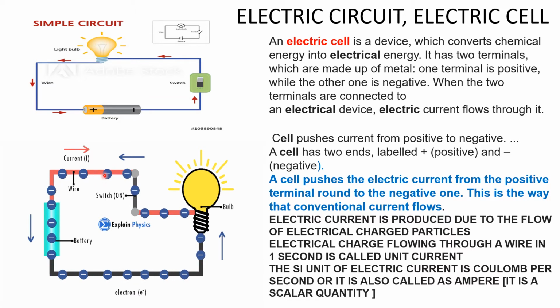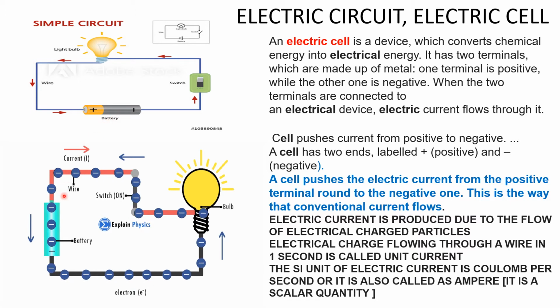Such a device is called an electrical cell. Various types of electrical cells are available today. These are used in a range of machines from wristwatches to submarines.